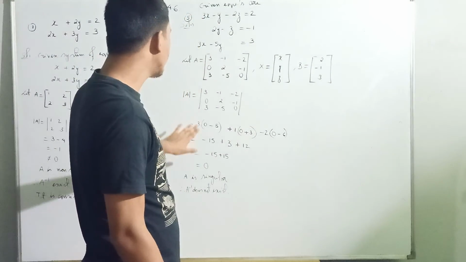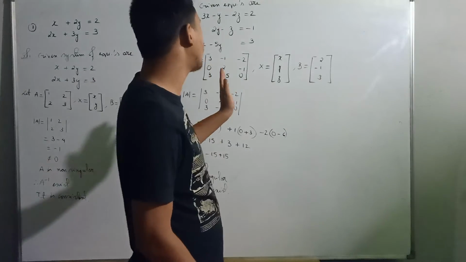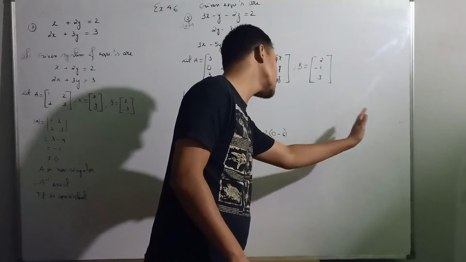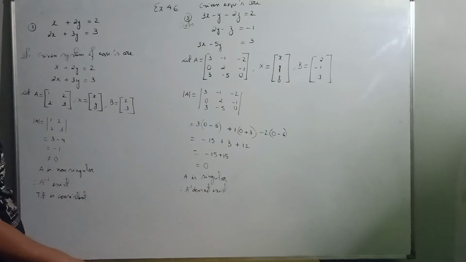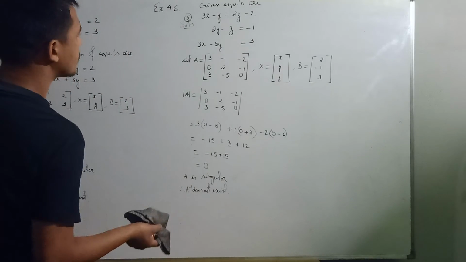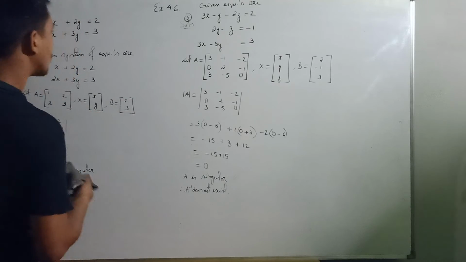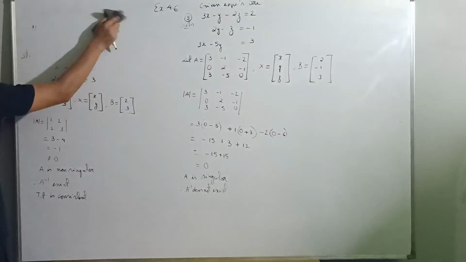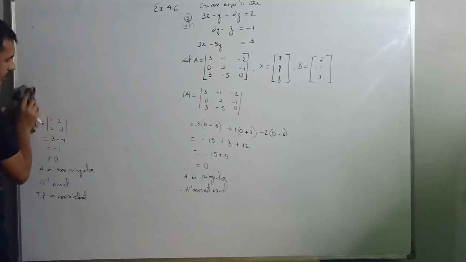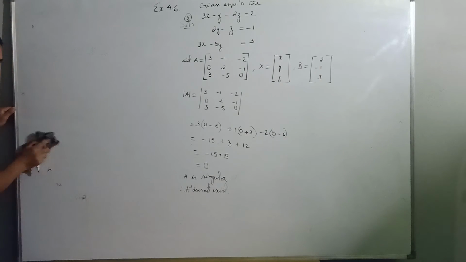But if determinant of A is 0 and adjoint of A times B is also 0, then the given equations can be consistent or inconsistent, depending on whether there is an infinite solution or no solution. Right? So should we take time to find out adjoint of A?